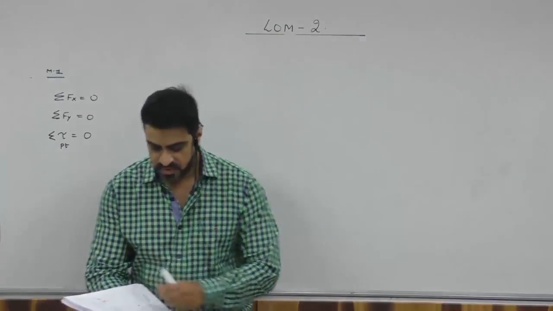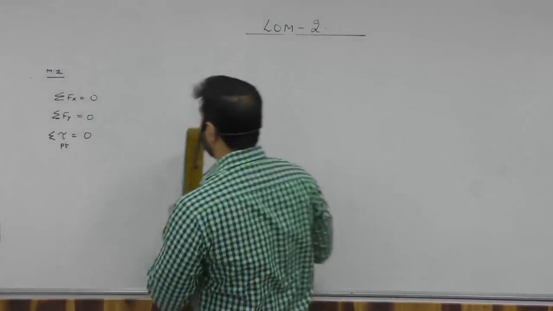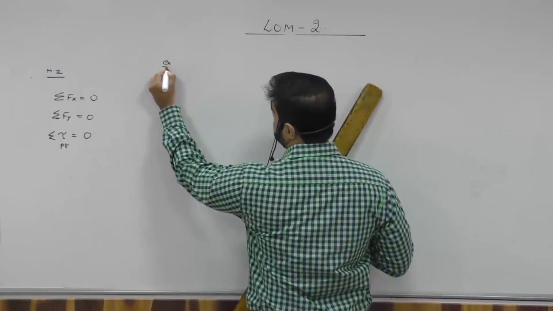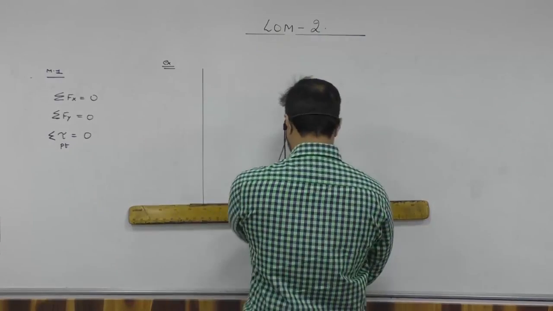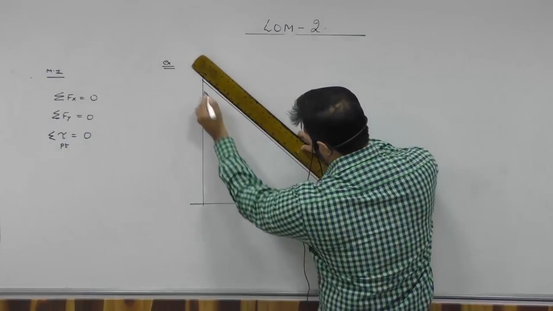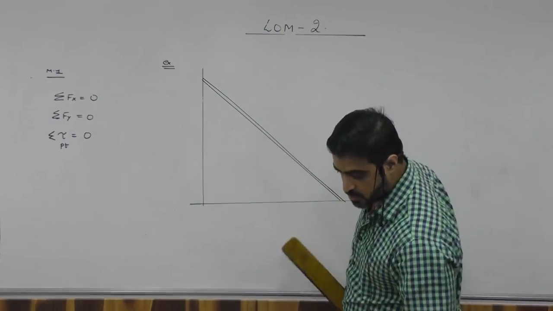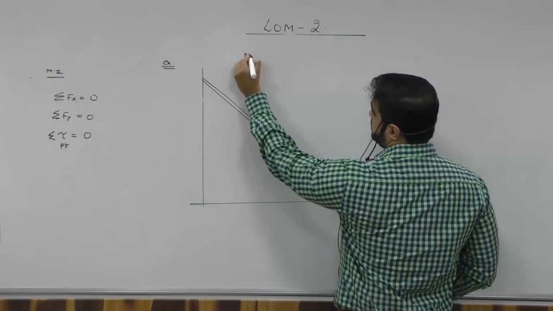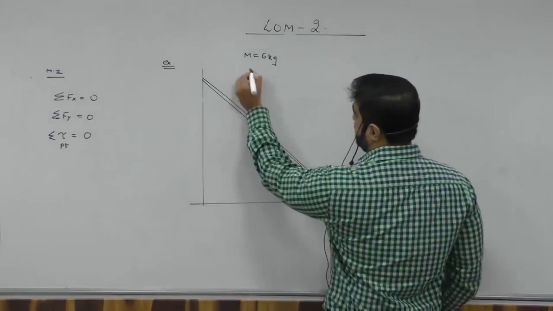Okay. We'll start with the sum. Example. Look over here. Mass is 6 kilogram and the length is 4 meter.